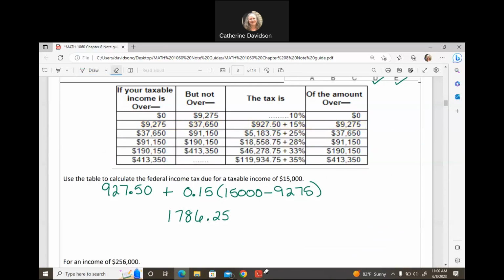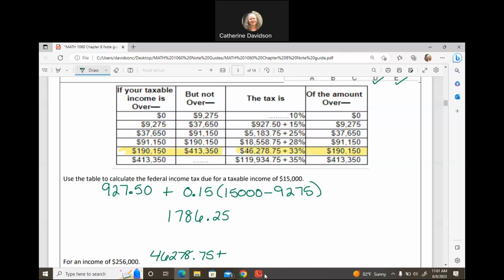Now we're going to look at it for an income of $256,000. So that's going to fall in this range here. 256 is between 190 and 413. So this is how we're going to calculate the tax. First off, you're paying a flat rate of $46,278.75.